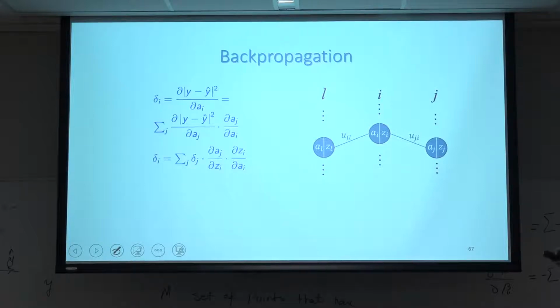So this is delta J. But AJ with respect to AI, how can I approach this part, the second?